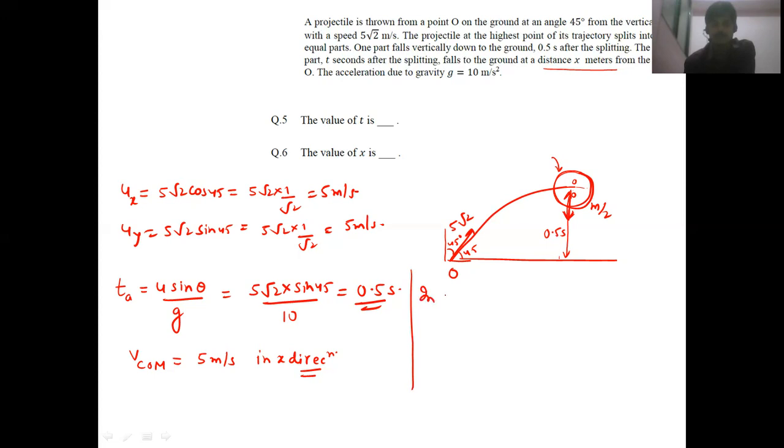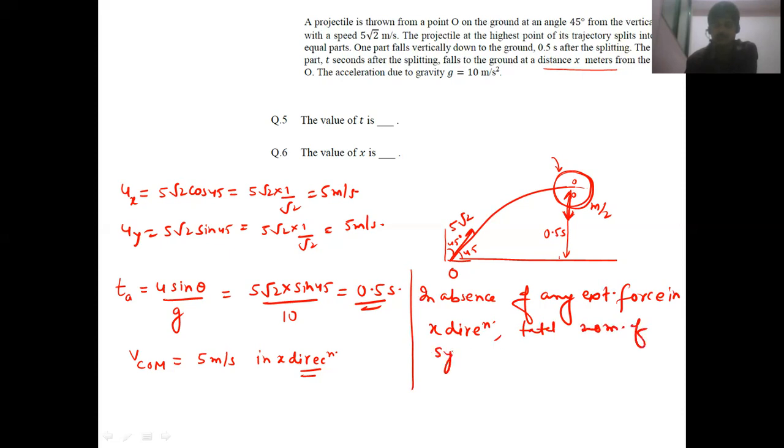So in absence of any external force in x direction, the total momentum of the system is conserved, or constant.